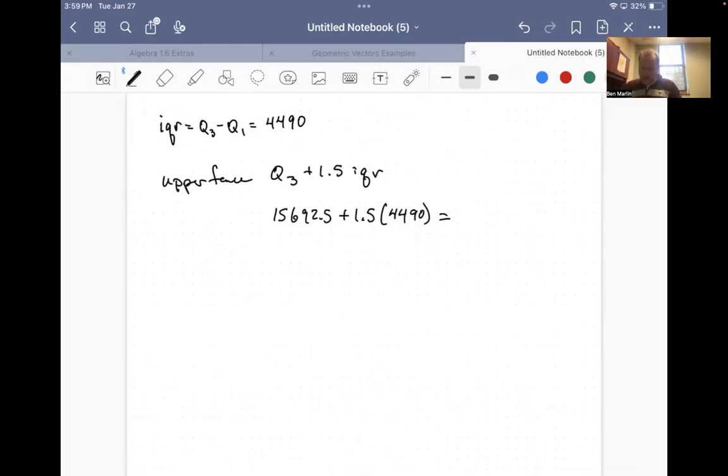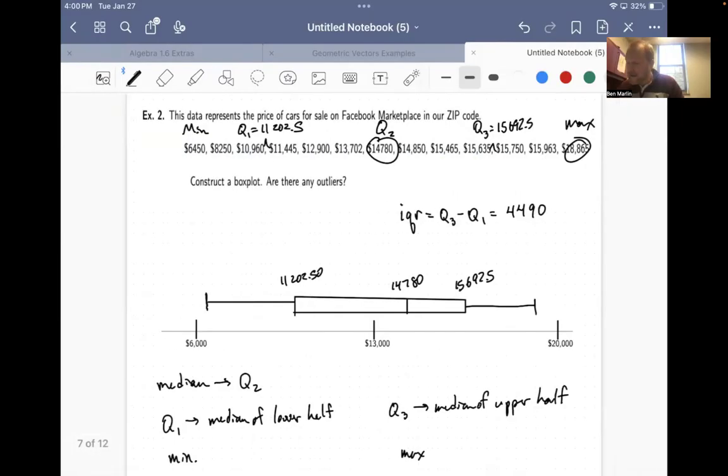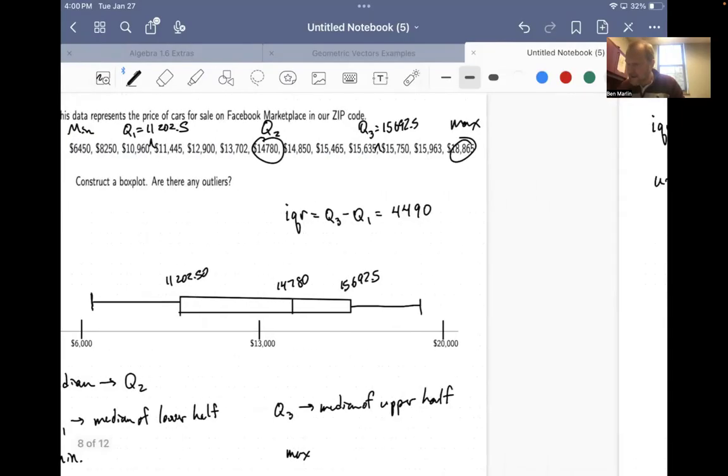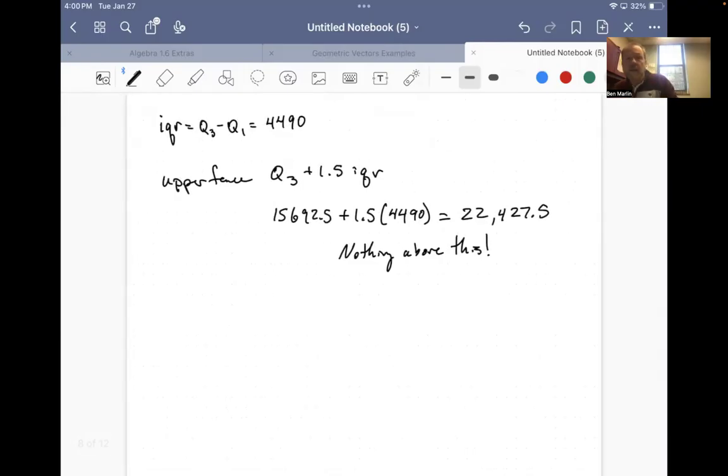So I will just have to use a calculator with that. 1.5 times 4,490 plus 15,692.5, I got 22,427.5. Okay. So nothing above this. If you don't believe me, go back and check. The highest value was 18,865. So nothing is above that, meaning there's no outliers on the upper end.